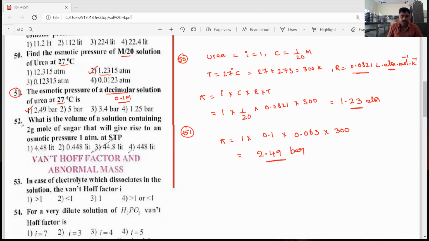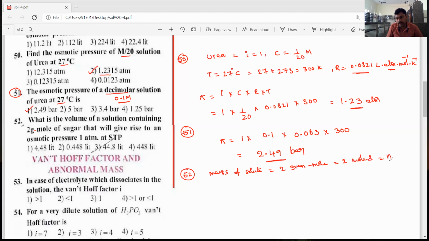Let's see the 52nd question, dear students. In the 52nd question we have to find the volume of the solution. The number of moles of solute is 2 gram moles, and 2 gram moles is nothing but 2 moles.